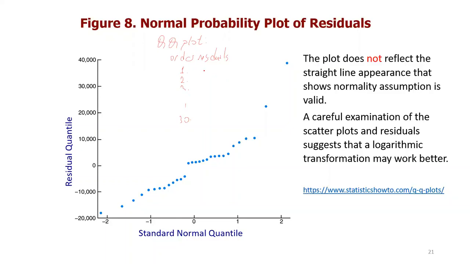Then just find a corresponding value for it in the standard normal random variable. How? We order them from 1 to 30 and say, okay, this is the first one.